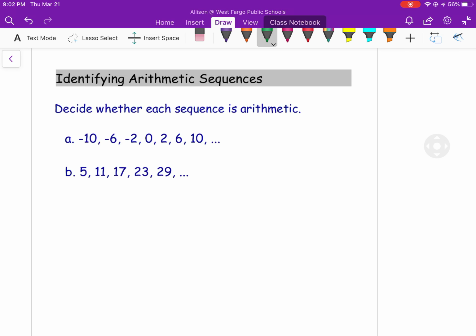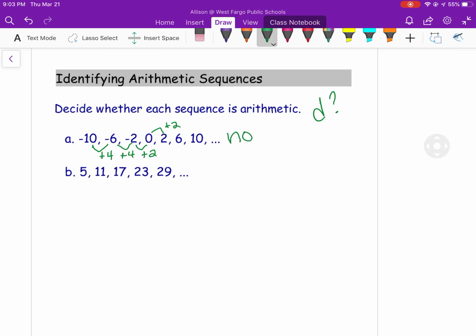So deciding whether it's arithmetic is deciding, does it have a common difference? Is there something common being added or subtracted? So in this first example, the difference here is plus 4. Does that work for here? Yes. Negative 2 to 0, though, is plus 2. And then this is plus 2.